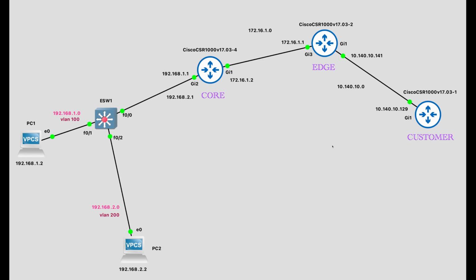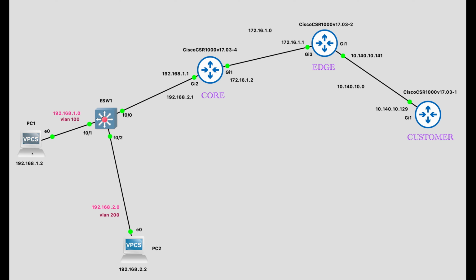So in summary, this is how you implement the separation of the network on one side and converge them into the other side. There is a reason why I have core and edge routers. You can replace them with only one router for this topology and for the purpose of this video anyway.